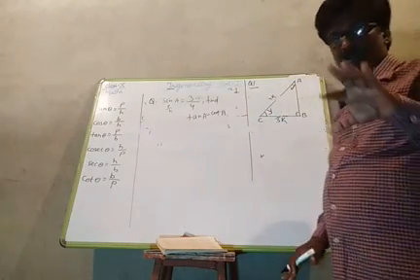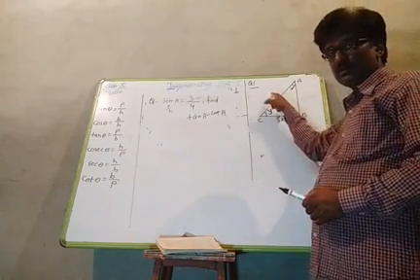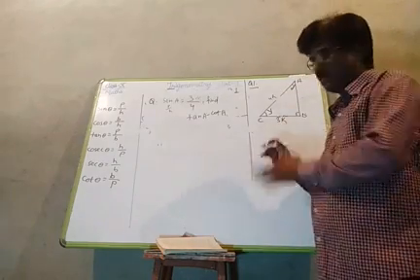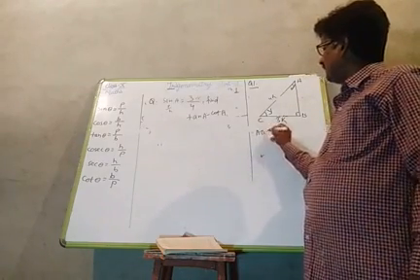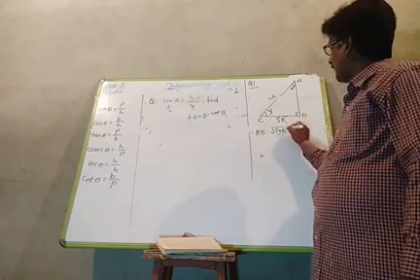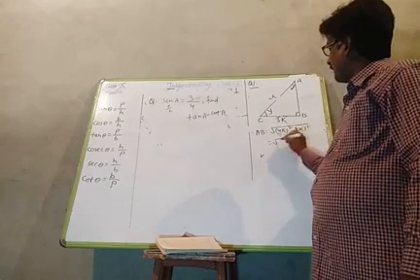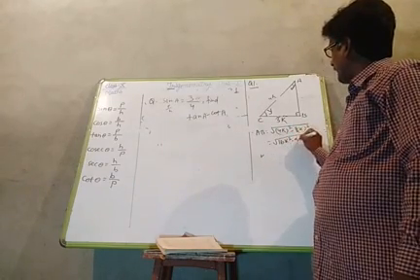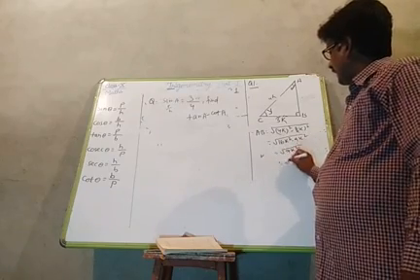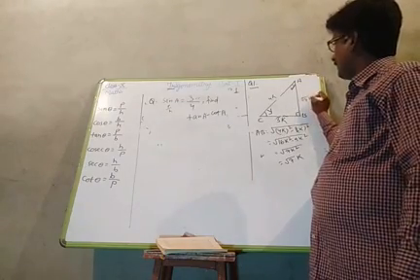Now in this triangle ABC, two sides are given and one side is unknown. So first we have to find AB. AB is equal to the square root of 4K square minus 3K square, that is 16K square minus 9K square, which is 7K square, so under root 7K. This way AB is equal to root 7K.